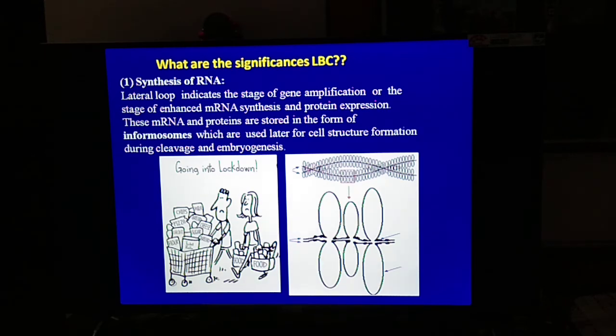Once again, I remind you that cartoon. Similar to the mad rush of buying things before lockdown, here also there is large scale production of RNA during oogenesis, as there is no scope for RNA synthesis during early developmental stages.